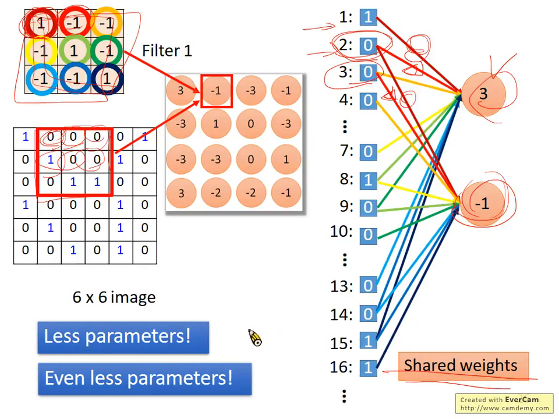This characteristic makes the CNN structure need even fewer parameters. This is why we can largely reduce the number of parameters we need to estimate in CNN, and this is totally different from the fully connected network.